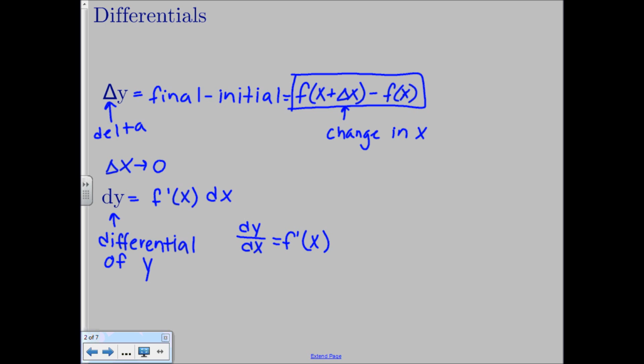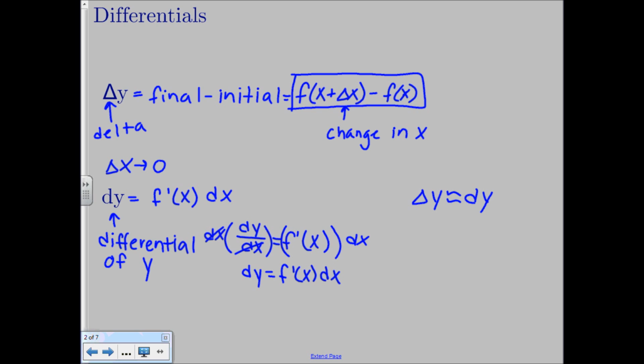So now if we rearrange this equation to solve for dy by multiplying both sides by dx, to isolate the dy by itself, the dx's are going to cancel over here, and we're simply going to get that differential of y formula.